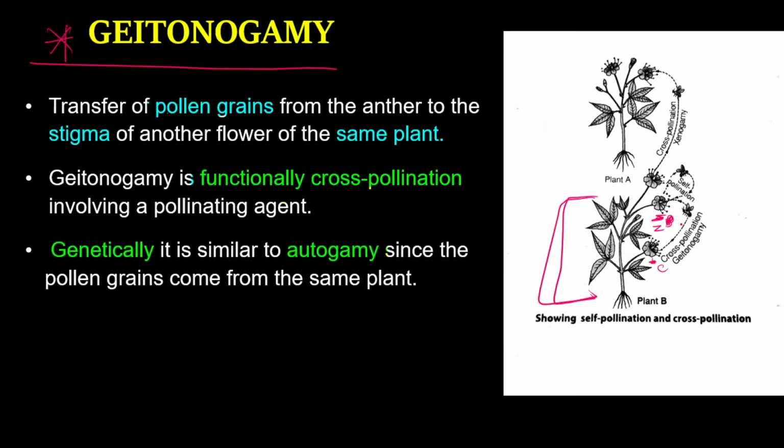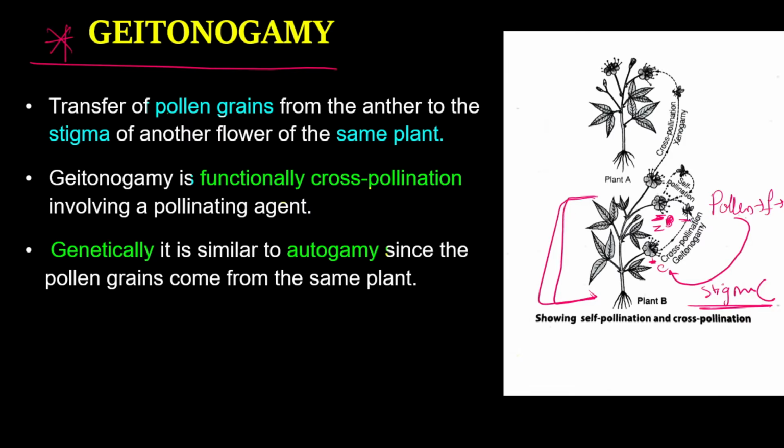So the pollen from flower Z transfers to the stigma of flower C. For this transfer of pollen from flower Z to flower C, there is a requirement of a pollinating agent.